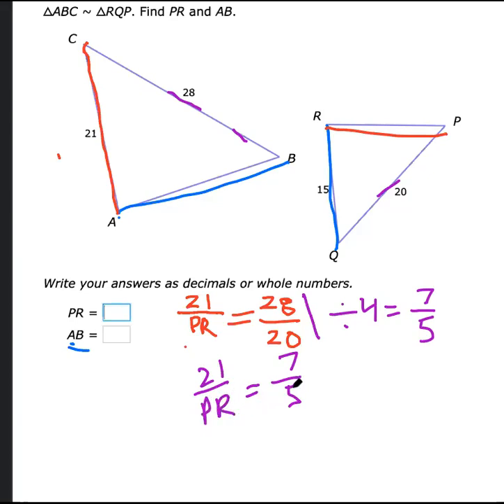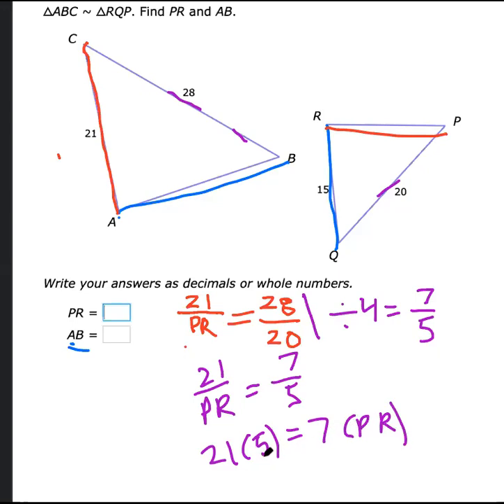And so I can do two things. I can do common denominator. Another way I've learned it when I was growing up and I've used in the past, just cross multiply. So you can do 21 times 5 equals 7 times PR. Okay, so you can try either way, but I'm just going to show you this way.